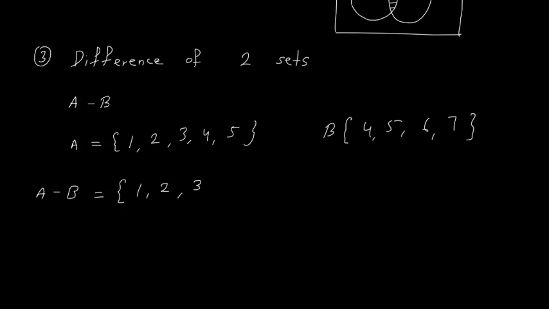We write only the elements of A and exclude any element of B if it is present in A. So this is A minus B.